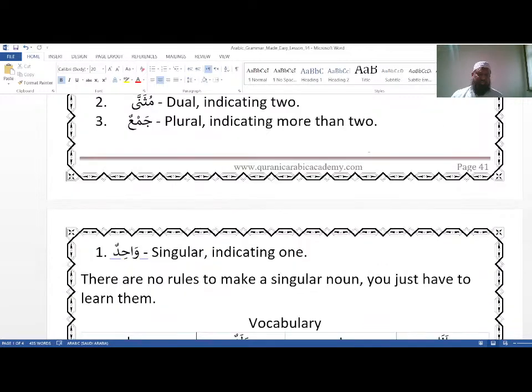Let's talk about wahid. There are no rules to make wahid nouns. You just have to learn them and memorize them. That is the vocabulary. In any language, you must learn the single isms.